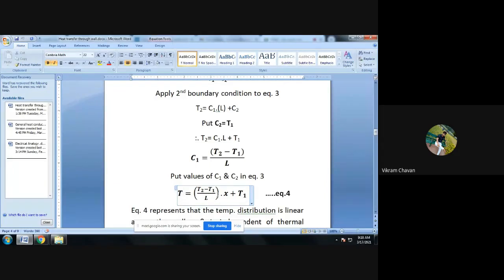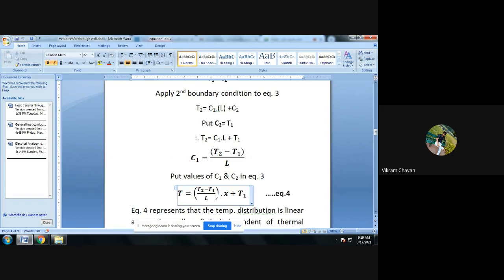So we can say that this temperature distribution in a wall is in a straight line, or we can say that the temperature distribution in a wall is a linear temperature distribution. What it signifies is that the change in temperature with respect to distance on a graph will provide you a straight line.